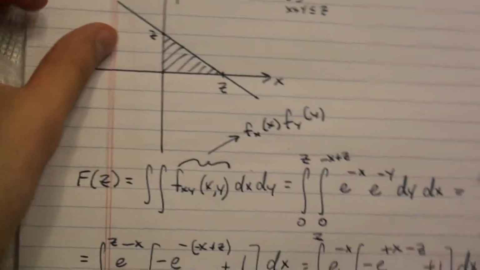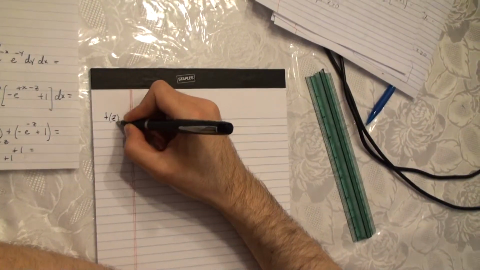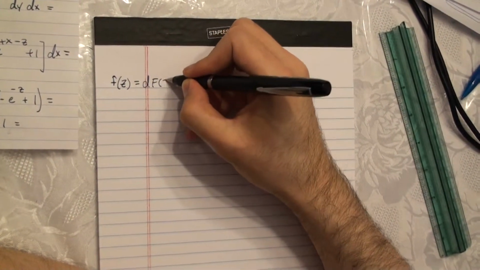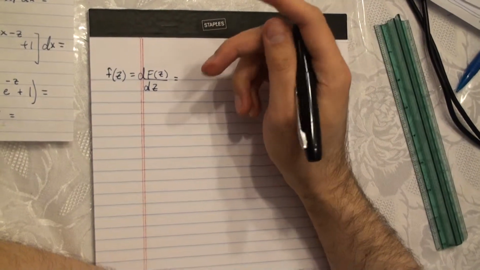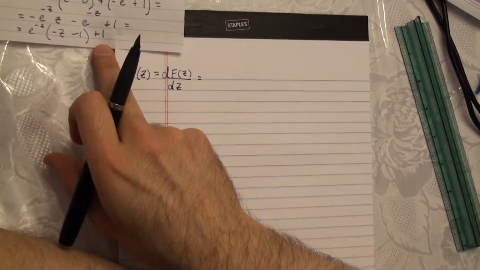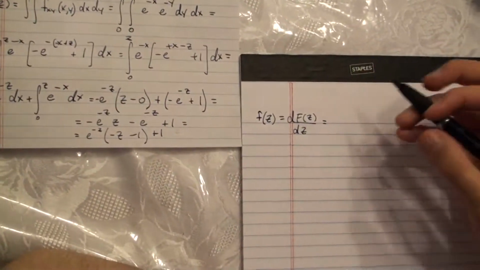So this is big F of z, but we want to find little f of z. Little f of z is equal to the derivative of big F of z with respect to z. So what's that? We don't even care about the plus 1 because it's a constant, so we're going to look just at this part. We've got to use the product rule.